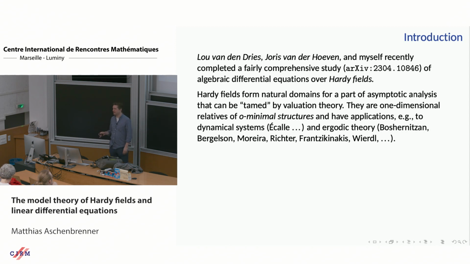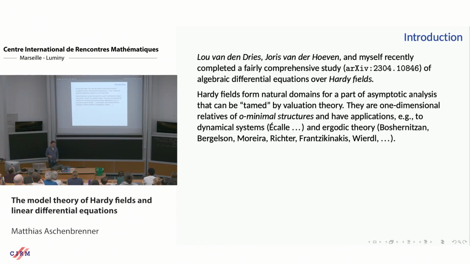But as we'll see later, we do have some tools to allow mild kinds of oscillation phenomena. One can see them as the poor one-dimensional cousins of O-minimal structures. So it's a purely one variable theory. I'll talk a little bit about the connection to O-minimality later when we talk about examples.